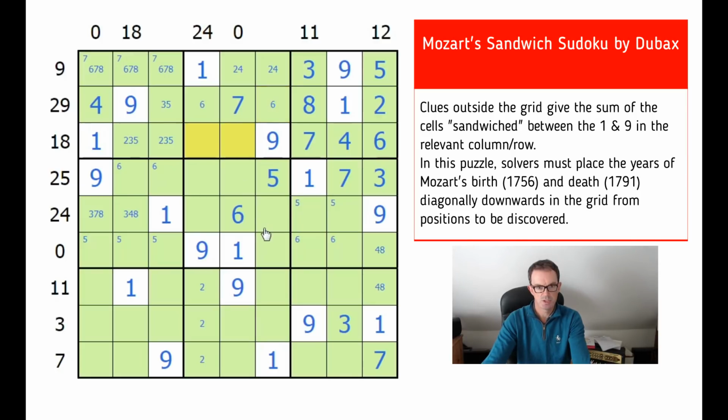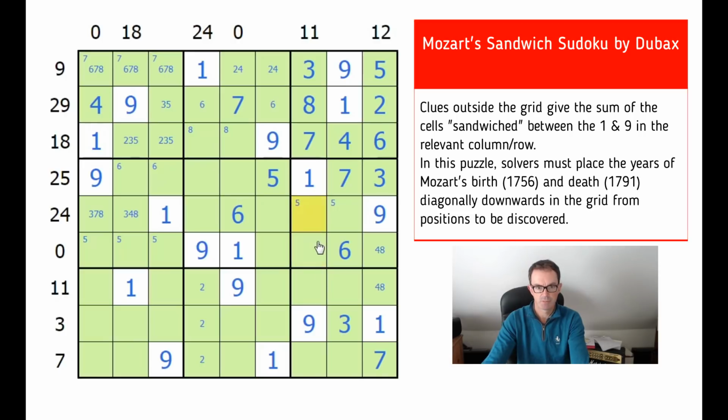I need to put an 8 into one of those two positions because of the row. Sevens, are they interesting? Maybe, but I'm not quite seeing how. Ah, this 3 forces this, look. This now, this 11 total must be 2, 4, 5, so the 6 has moved over.